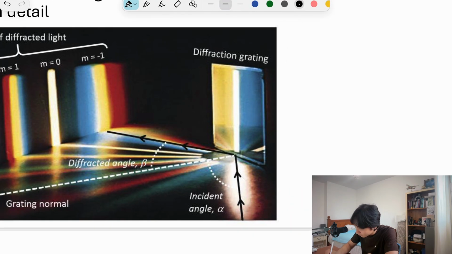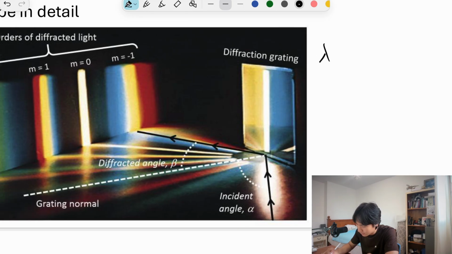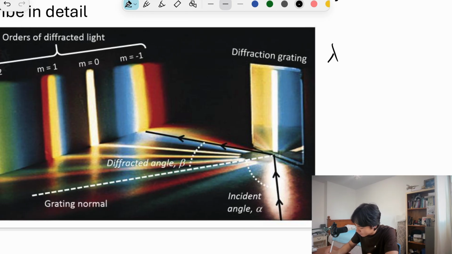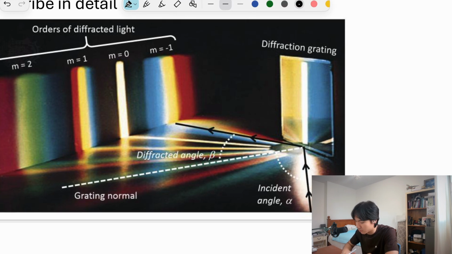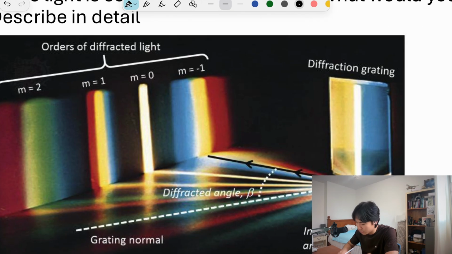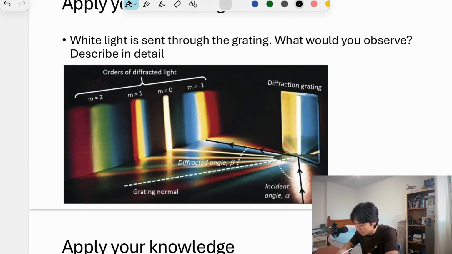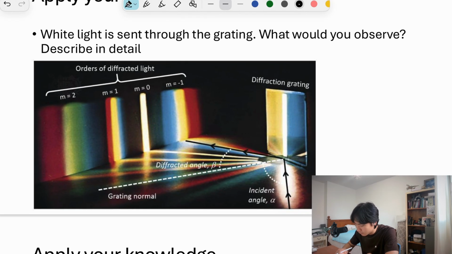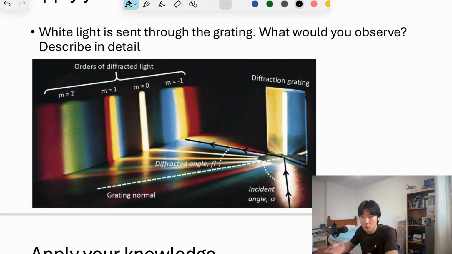The wavelength lambda, it depends, right? The angle that it diffracts at is dependent on lambda. That's what we learned in the previous question. So we know that the bigger the wavelength, the more it's going to diffract.